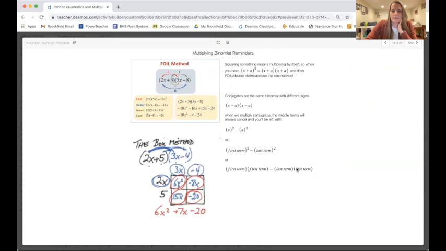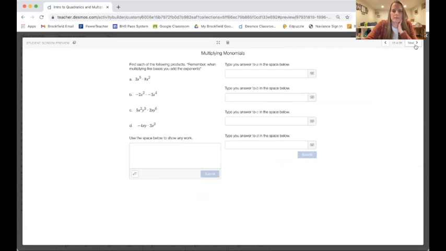So there are some pages to remind you of some multiplication rules and vocab, like conjugates and stuff. So here we have multiplying monomials, and it says here, remember when you're multiplying like bases, we add the exponents. So for A, I'm just going to sketch this out.